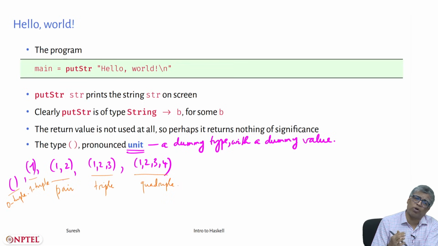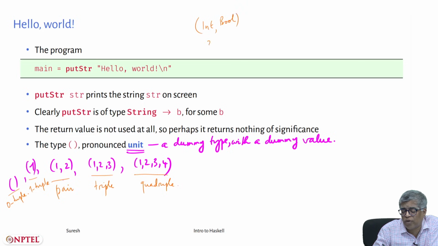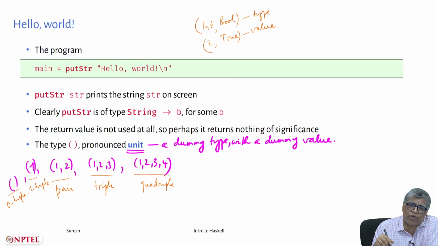Okay, that's both the type and the value, because you would say Int and its value will be 2 comma True, etc. Right, this is the value and that's the type. Notice that you use the same notation for both, except that in the type you will write types inside the parenthesis, in the values you will write values inside the parenthesis.